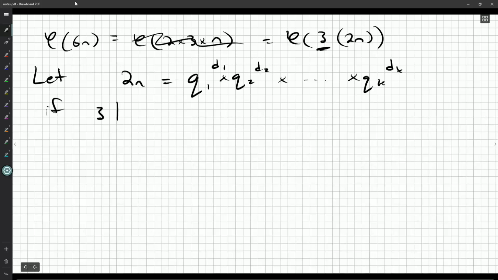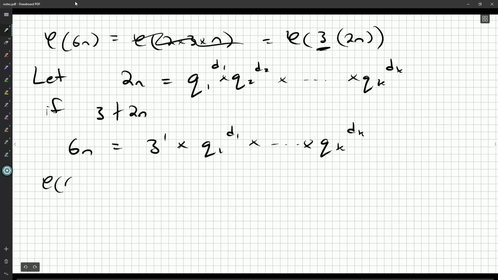So if 3 does not divide 2n, then we can get 6n is 3 to the 1 times all this. And so phi 6n is going to be 1 plus 1 times whatever's left over, which is phi 2n.